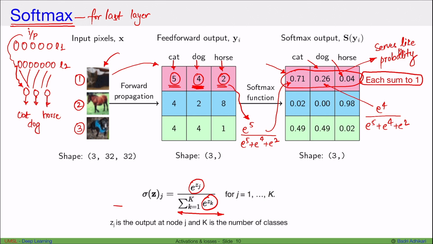Now in this expression, the softmax output here, k represents the number of classes. In this case, our number of classes is 3 because we have a cat, dog, and horse. And here e is the standard e value, and z is the actual output from the neuron. Zj is the output at node j, and k is the number of classes.